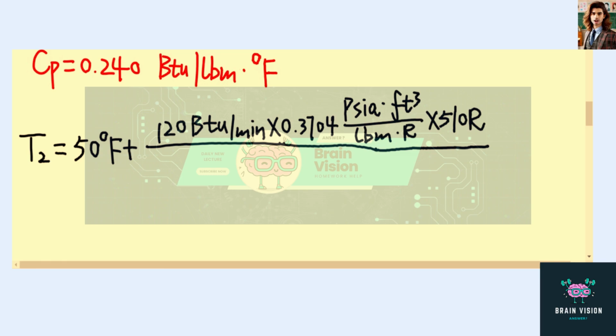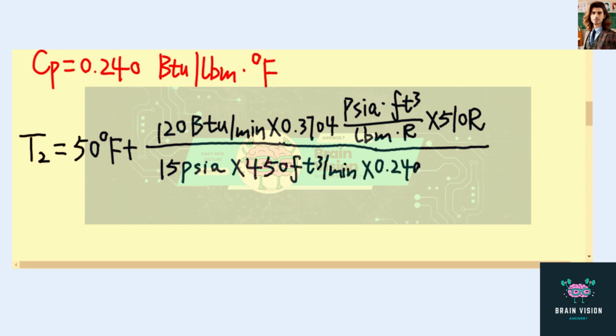So let's keep continuing. So over 15 psia times 450 feet to the power 3 per minute, and then times 0.240 British thermal units per pound mass times degree Fahrenheit.